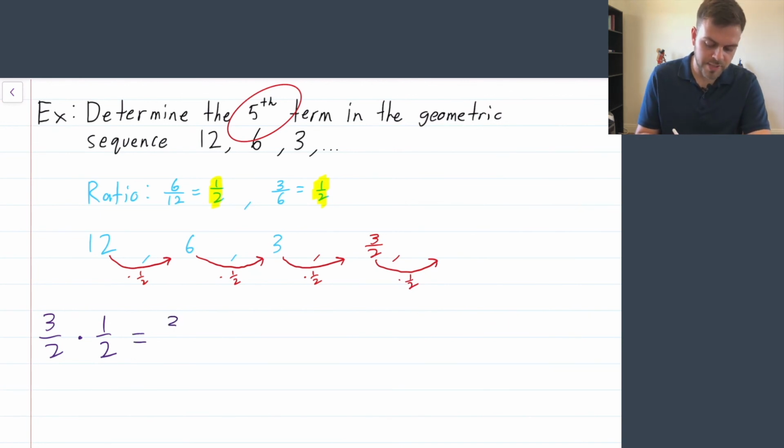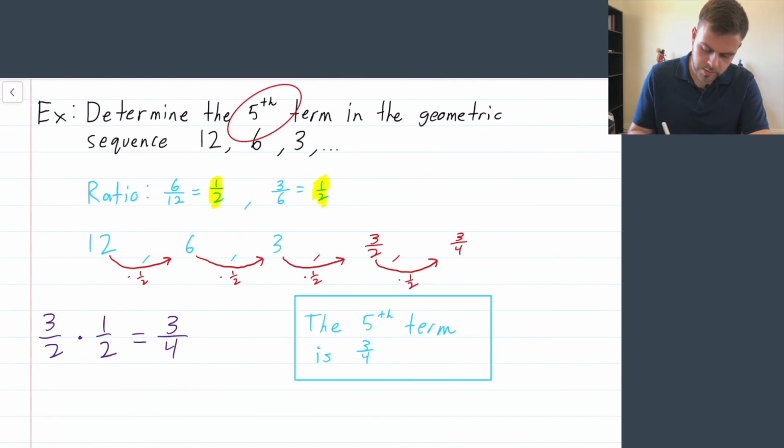So in this case, 3 times 1 is 3, and 2 times 2 is 4. So 3 over 2 times 1/2 is 3/4. So our answer is 3/4. So this is our fifth term. And just to confirm, the fifth term is 3/4. And just like before, let's box our answer.